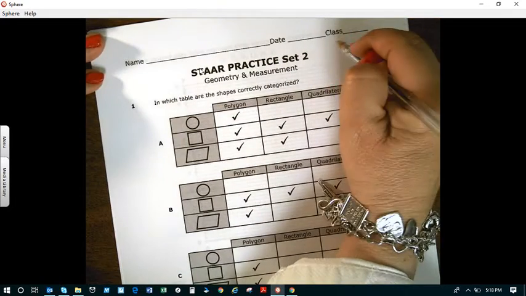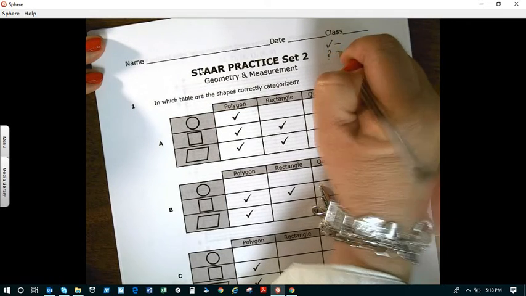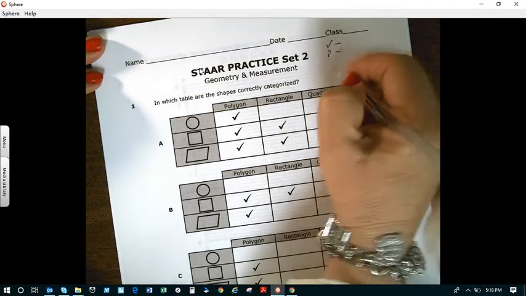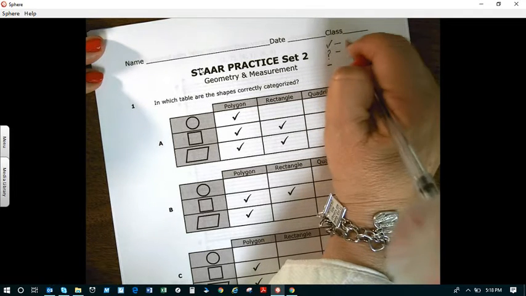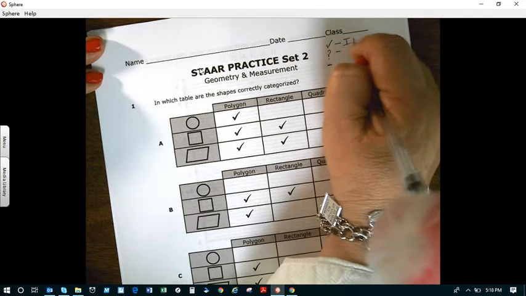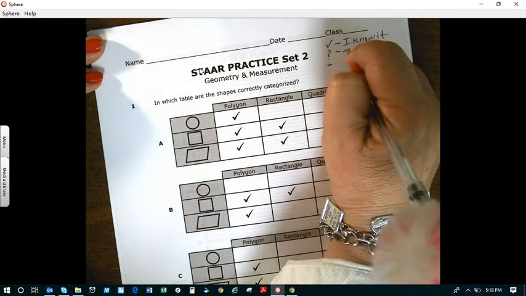Again, you're putting check marks that I do understand it, a question mark, I think I get it, but I have to take some time to think about it, a dash, I have no idea. This is I know it. I think I know it.